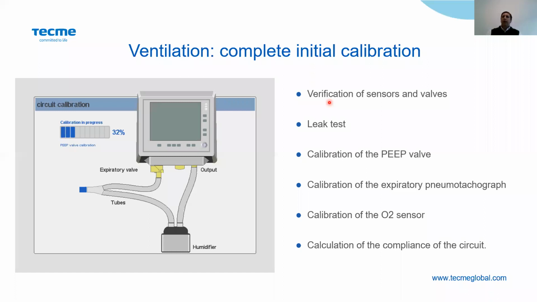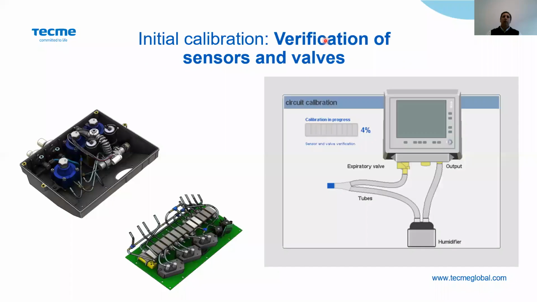Then it's going to make a calibration of PEEP, a calibration of expiratory pneumotachograph, a calibration and check of oxygen sensor, and it's going to measure the compliance and the resistance of the patient circuit. It's going to check also all the internal sensors, the sensors of air, the inspiratory flow of oxygen, the expiratory flow.